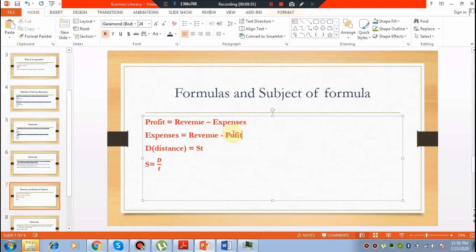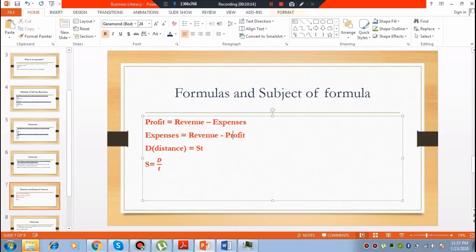Revenue minus profit, and you get your expenses. You can also attempt whatever examples are given in your textbooks. Even on page 269, they put an example for you. Just play around with those numbers to see whether you are able to change the subject of a formula.